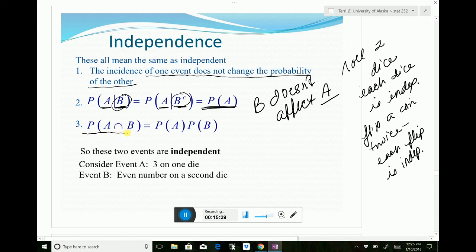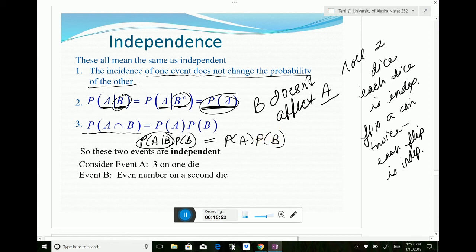And that means that the probability of A intersection B would be the probability of A given B times the probability of B. Well, if the probability of A given B is equal to just the probability of A, then you just multiply them.